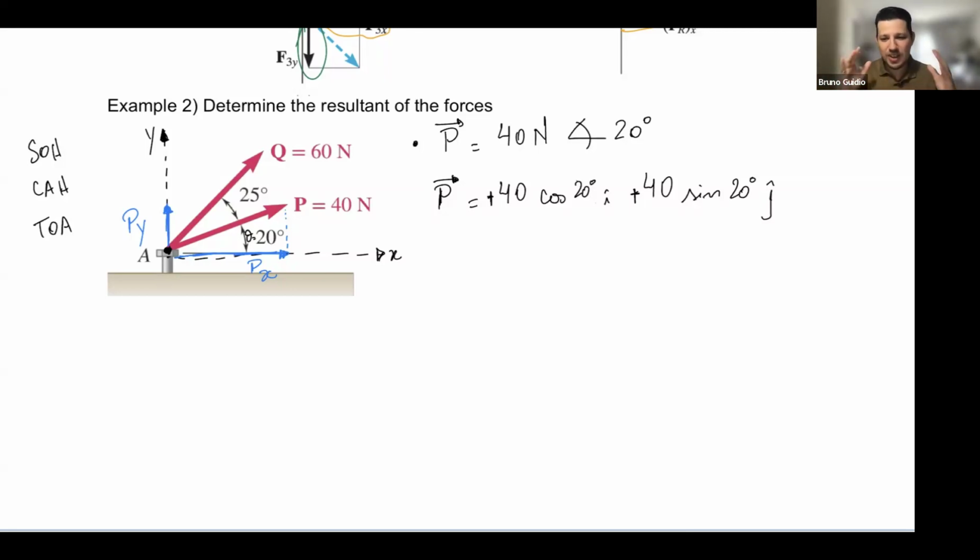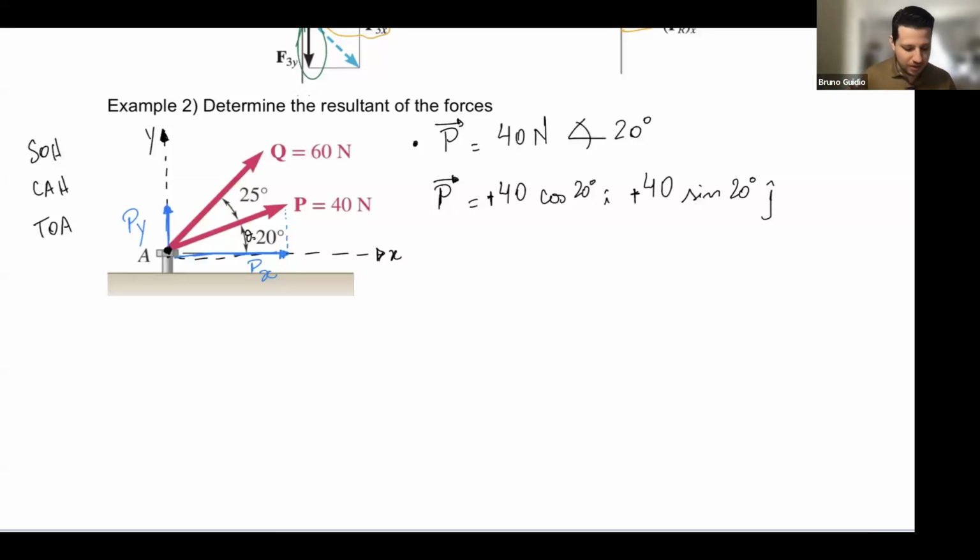I just want to emphasize it, because some of the mistakes that I see students making is they see the angle and just go: x cosine, y sine, and it's not like that always. It changes, okay? So this is my P vector, sorry.